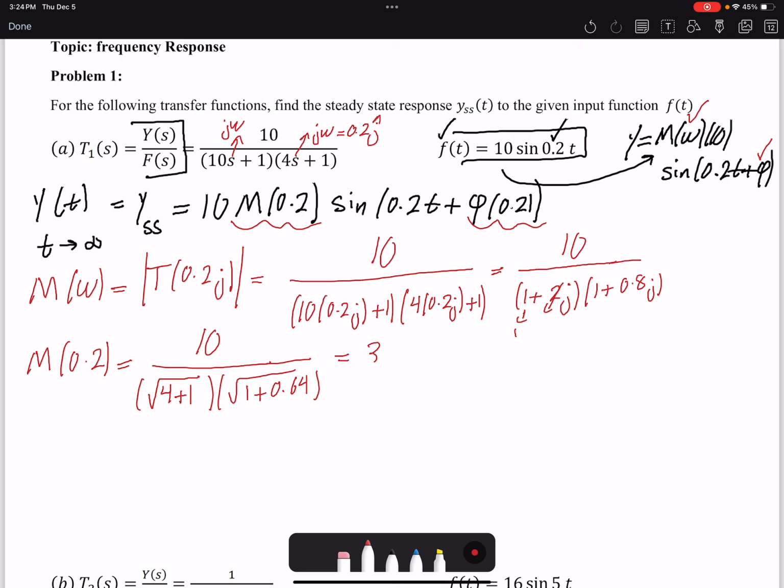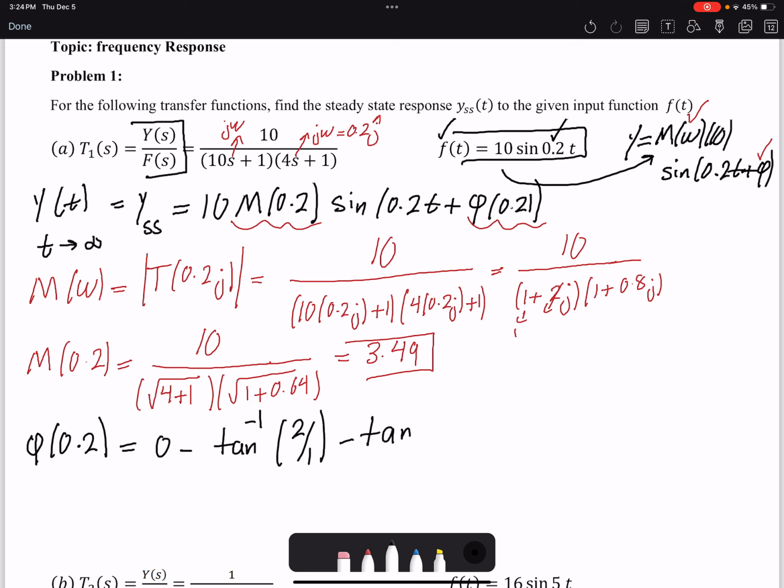At the end I get 3.49. So I found one change. Then the next thing would be finding the change in phase. It should be 0 minus tangent inverse of the imaginary component, which is 2 over the real component, and then I have another pole here, which is 0.8. So negative 1.78. So we have changing magnitude and phase.